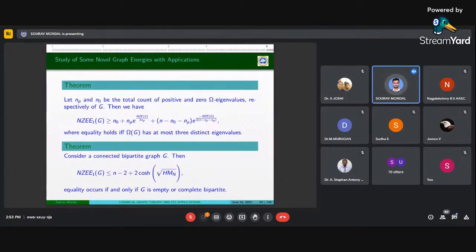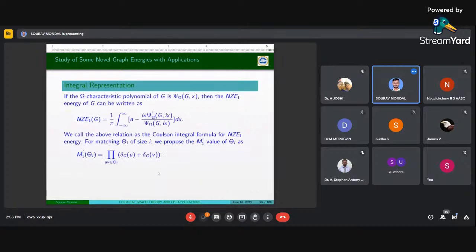These are some crucial bounds of the Estrada indices, where n0 is the count of zero Ω eigenvalues and n+ is the count of positive eigenvalues. This is the integral representation of NZ1 for a general graph, where θ_i is the matching of size i.